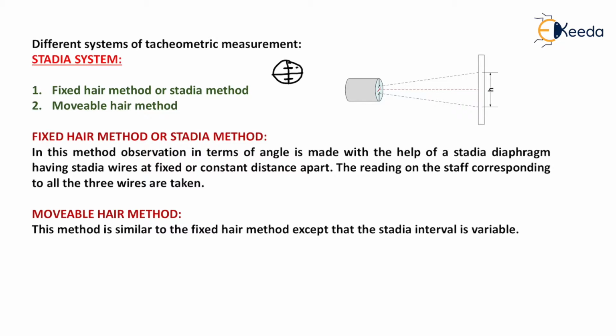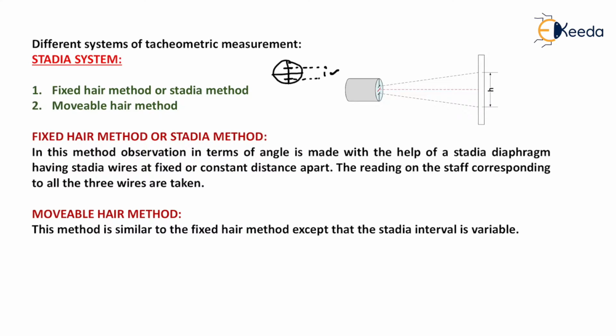If the distance between the upper stadia and lower stadia, that is the stadia interval I, is constant, then it is known as the fixed hair method. And if we can change this distance, that is the value of I, then it is the movable hair method.